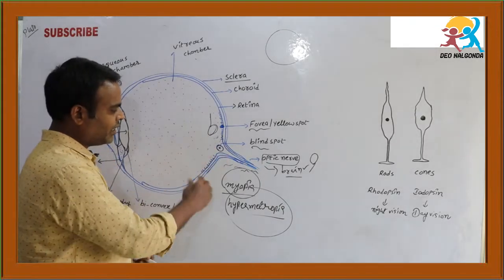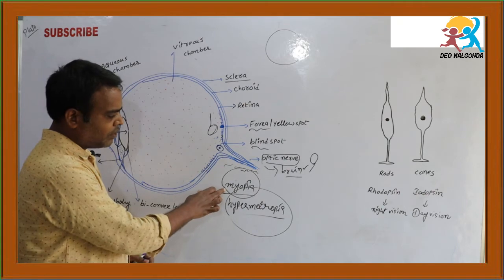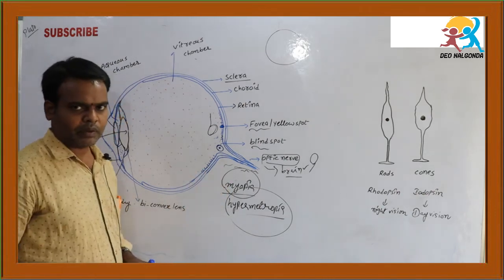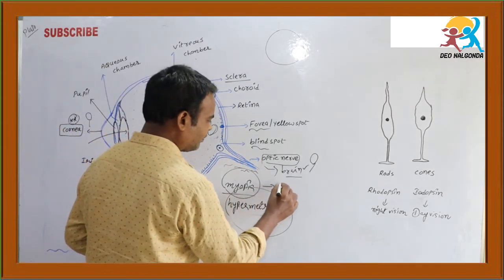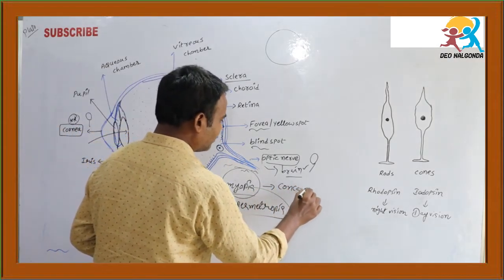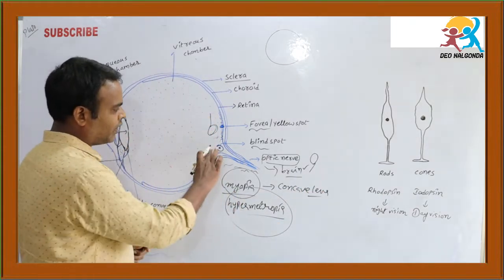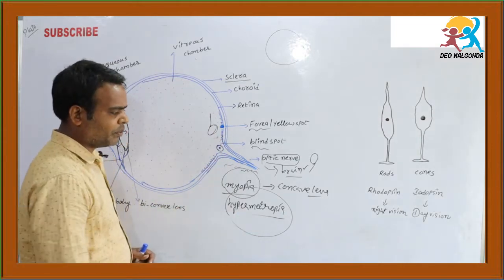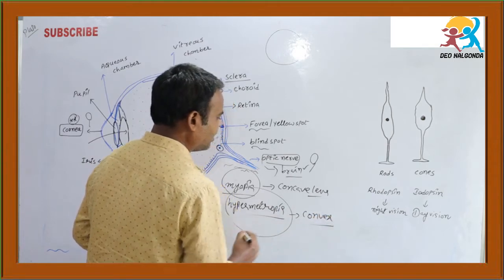If it is formed in front of the retina, then we can't see the object properly. That type of eye defect is called myopia, and it is corrected by a concave lens. If the image is formed behind the retina, that is called hypermetropia, and this is corrected by a convex lens.